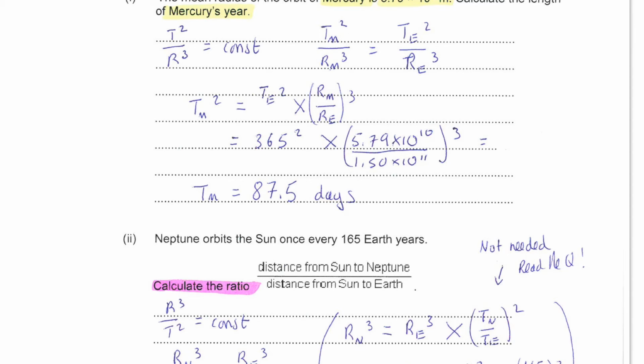Also be aware, if you were asked to work out a radius instead of a time period, it would be easier just to turn this upside down so that what you are trying to find ends up on the top of the equation, making everything more straightforward. So that leads you through to an answer of 87.5 days.